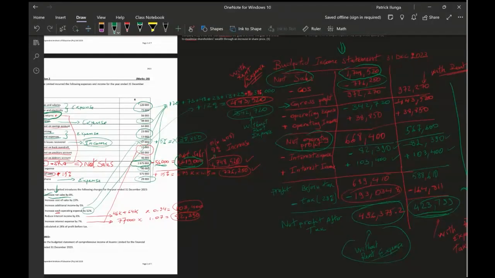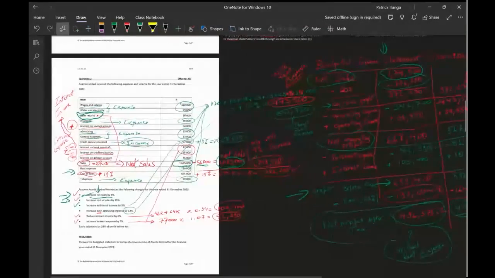Obviously, interest expense will be a minus and interest income will be a plus. That's how you get to your profit before tax. And obviously, if you have your profit before tax, you minus the tax, then you get your profit after tax. Guys, these examples are straightforward.